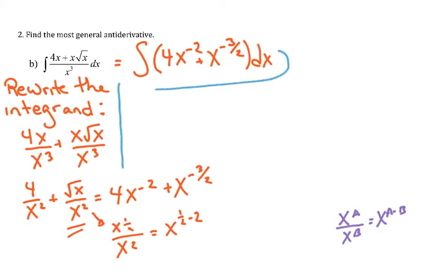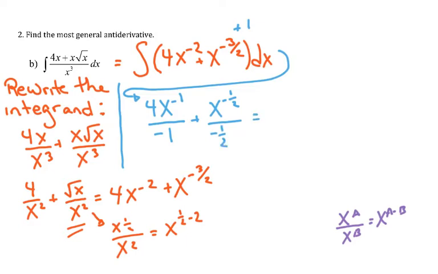So this, let's be careful, we have 4x to the negative 1 divided by the new power, negative 1, plus, okay, if we increase negative 3/2 by 1, I would get x to the negative 1/2, and I have to divide by the new exponent.